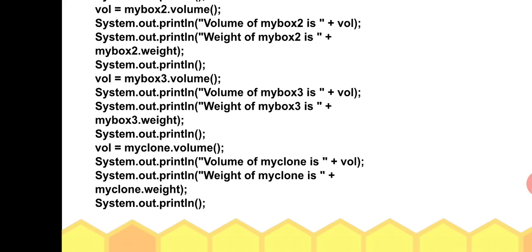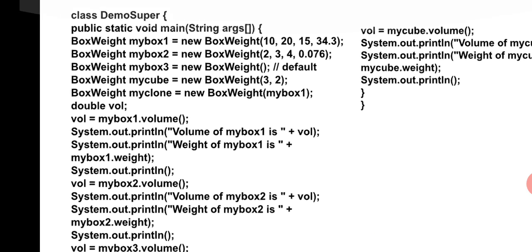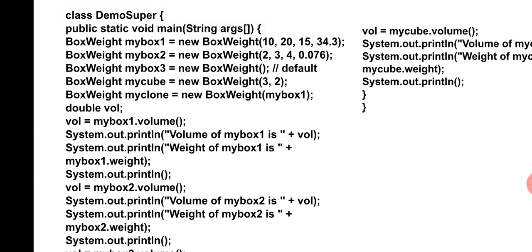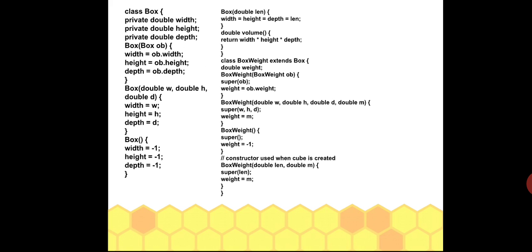Now again a new line. Then after that, again using VOL you are calling my clone dot volume. Now what will my clone do? My clone will pass the entire object, box weight. That object reference will be passed to the my box weight method.